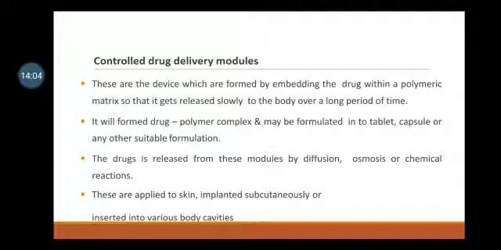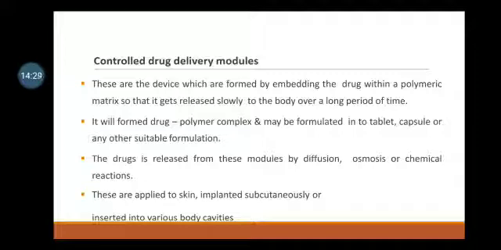Controlled drug delivery modules. These are devices which are formed by embedding the drug within a polymeric matrix so that it gets released slowly to the body over a long period of time. It will form a drug polymer complex and may be formulated into a tablet, capsule, or any other suitable formulation.